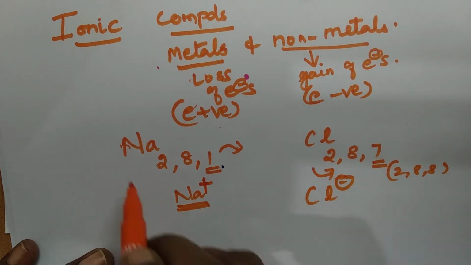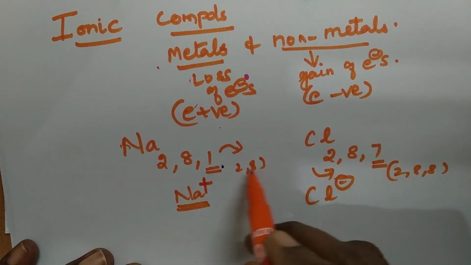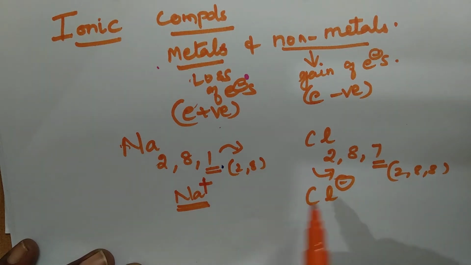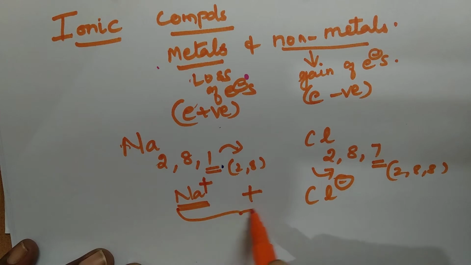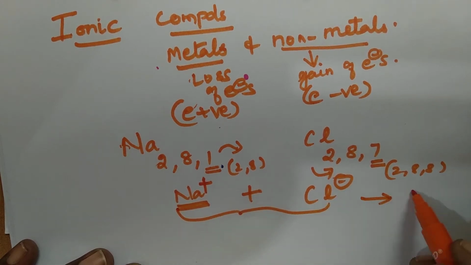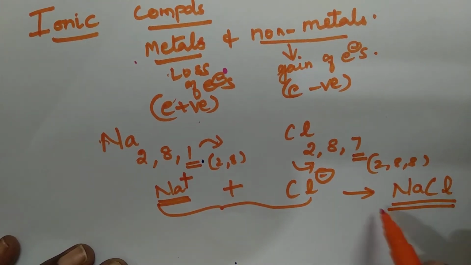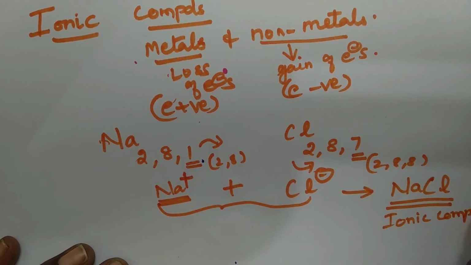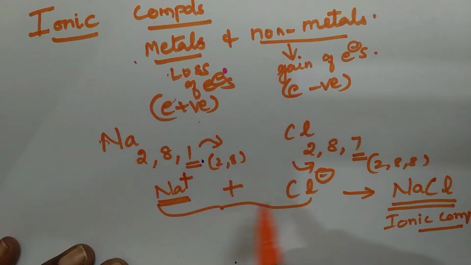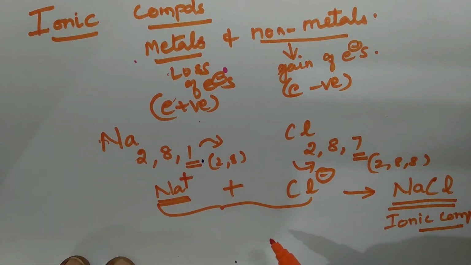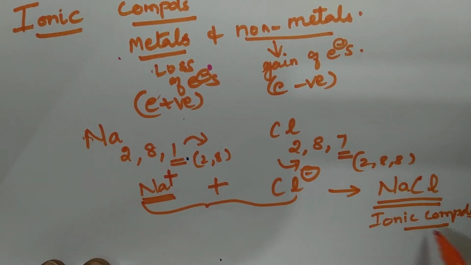Because of the positive and negative charges, Na plus and Cl minus have the tendency to combine and form NaCl. NaCl is a compound of a metal and a non-metal, and it is called an ionic compound, as it is formed by the formation of ions, which then combine.